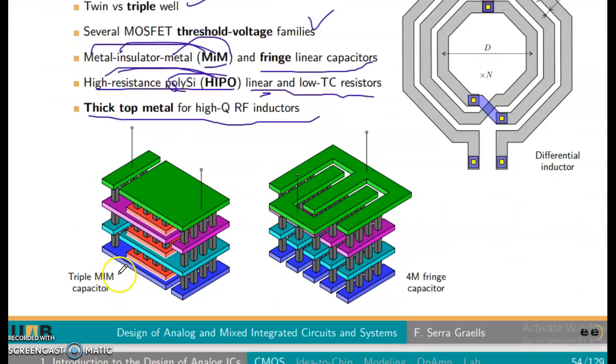Here triple capacitor, 1, 2, 3. 4M trench capacitor, 1, 2, 3, 4.